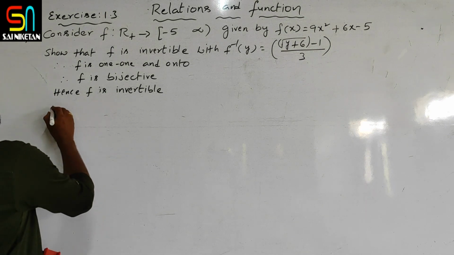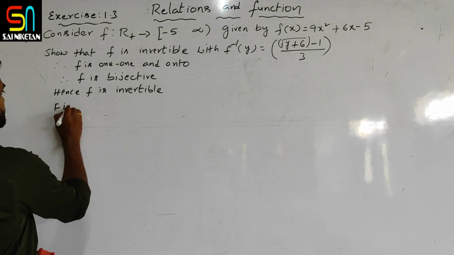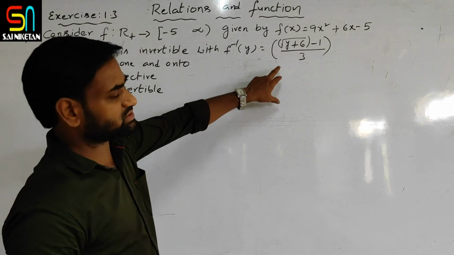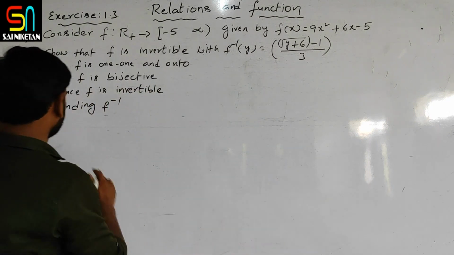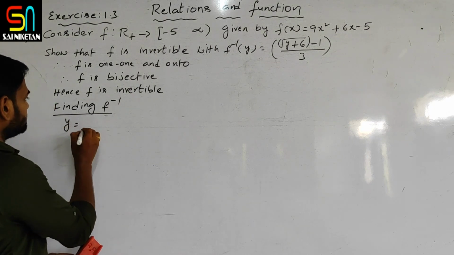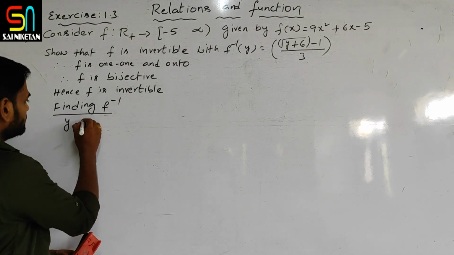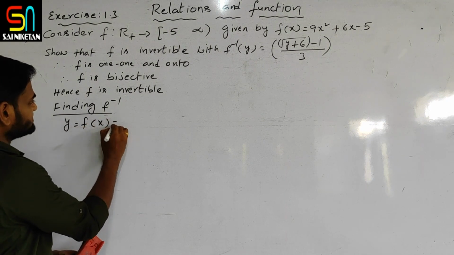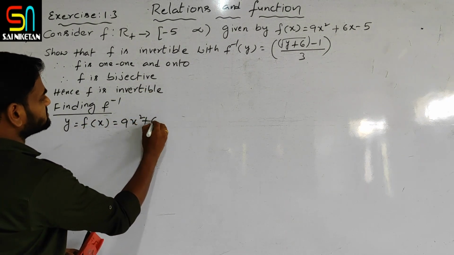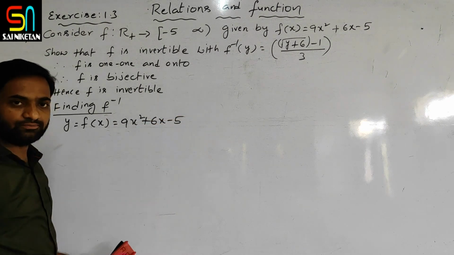Next, finding f inverse. We have to show the f inverse here, that's why I am finding f inverse. Same as previous, take the function as y. That is y equal to f of x, which is 9x square plus 6x minus 5.